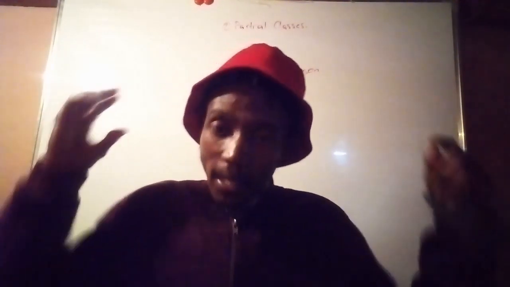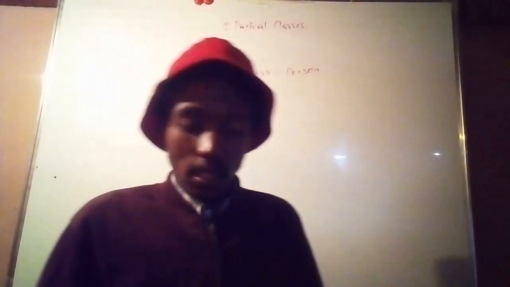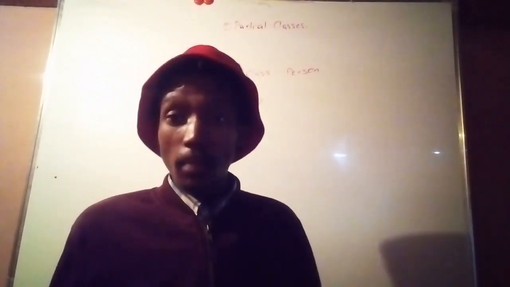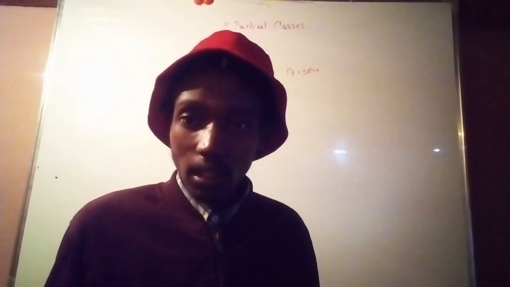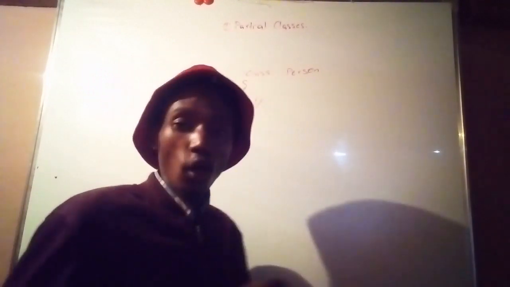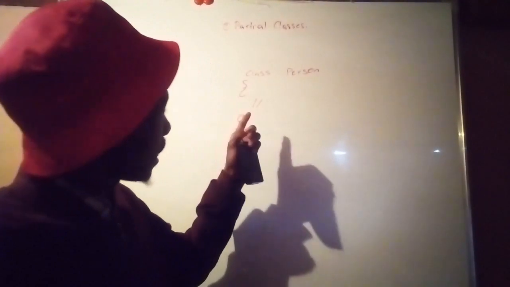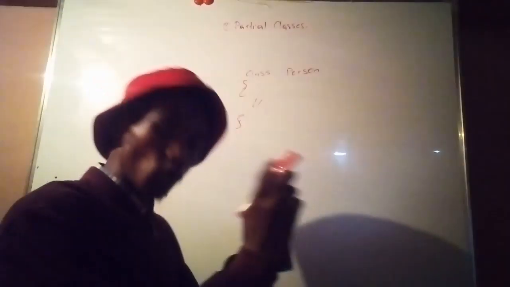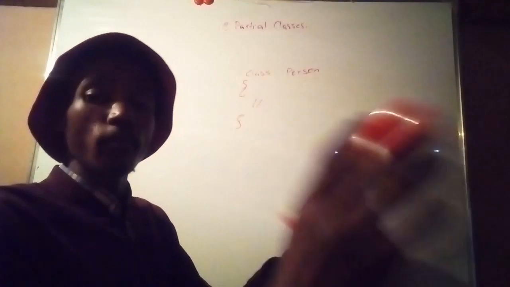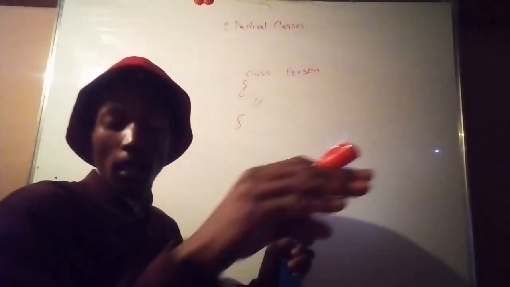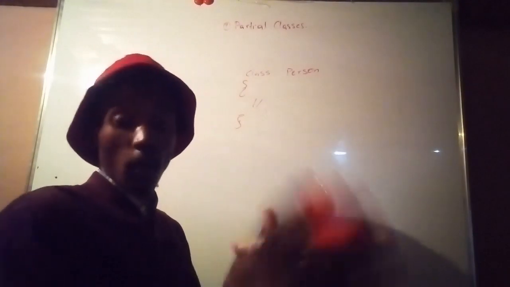We also add inner classes, which are classes within classes, and this class gets big and hard to maintain. So the notion of partial classes allows you to take this big Person class and break it into pieces so that you are able to tackle these smaller pieces one by one.